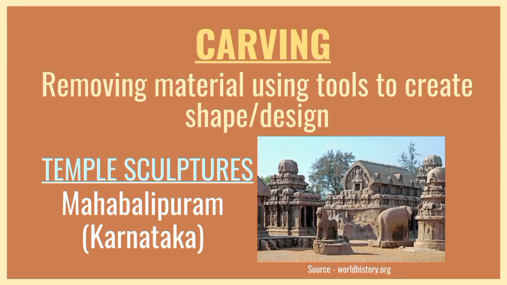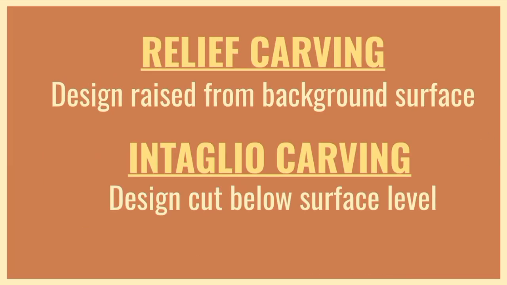Next we have carving. You remove the material using tools to create the shape or the designs. This is also mentioned in your painting books a lot. A lot of the temple sculptures from Mahabalipuram, in the south, show this work. There is relief carving and intaglio carving. Relief carving is when the design is raised from the background surface.